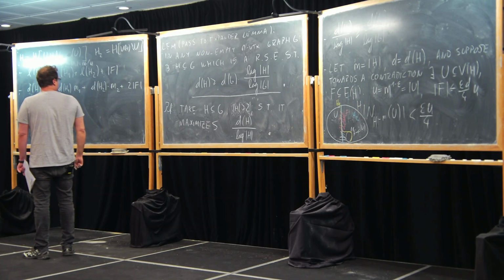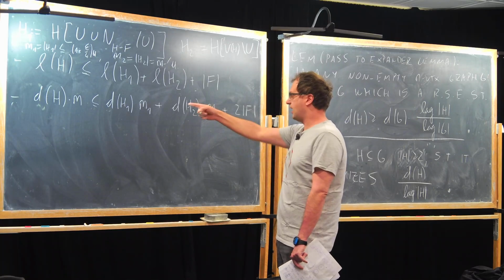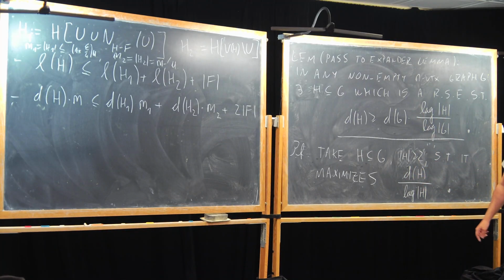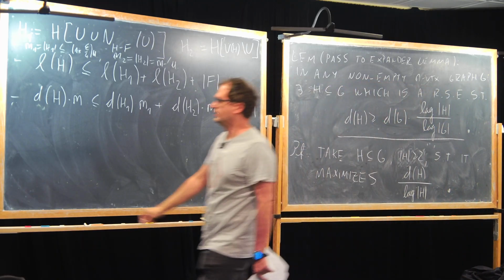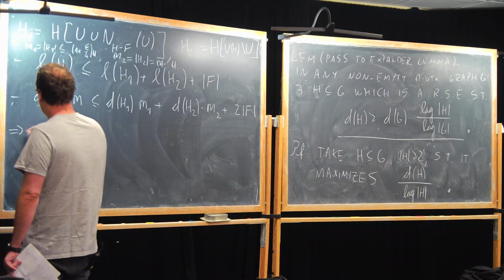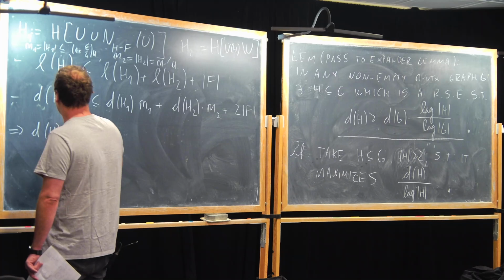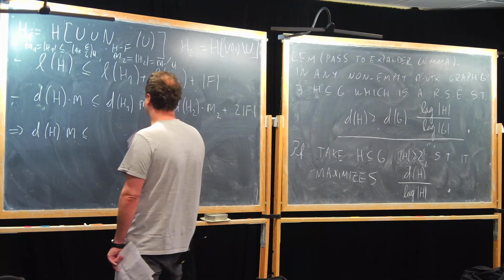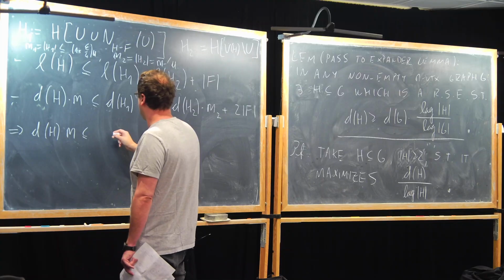Very good. So now we want to actually plug in the maximization property, comparing H1 to H, right? So that tells you that d of H times m is smaller or equal, well, I guess I could have just copied, but let me put both.